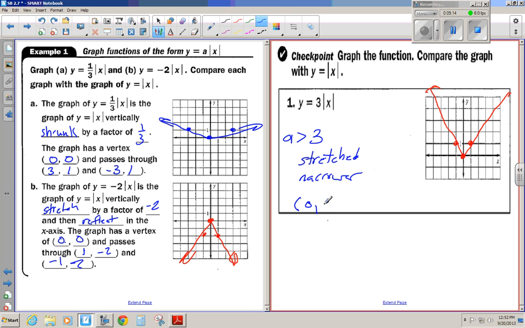A vertex at 0, 0, another point at 1, 3, and the reflection point is negative 1, 3. So 0, 0, 1, 3, negative 1, 3, and you can see just from the graph that it's narrower than the original.